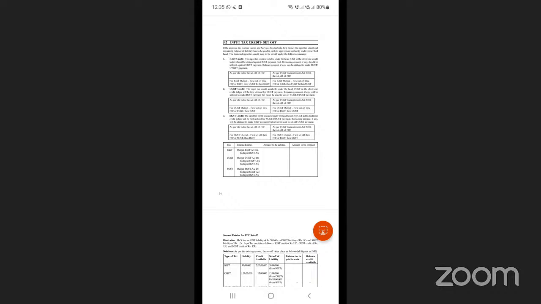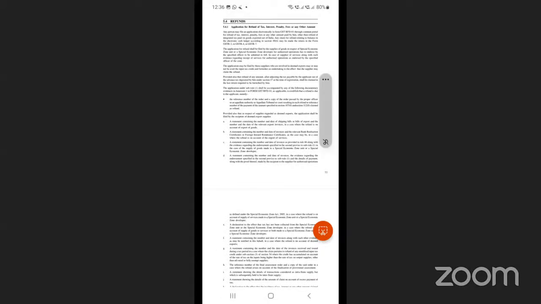Now coming to the refund. Now, when the payment has been made by the person, automatically they have to see to it that if they have paid any excess amount, that excess amount is supposed to be refunded.